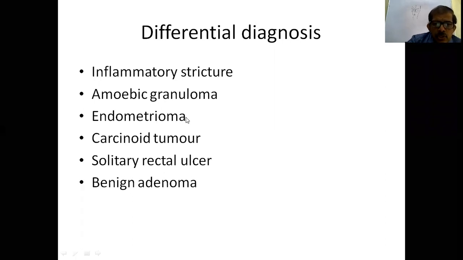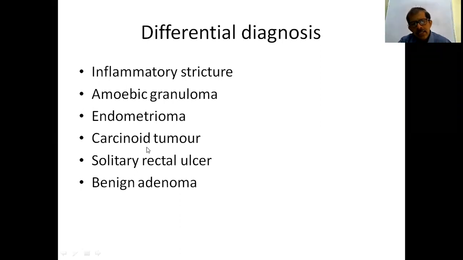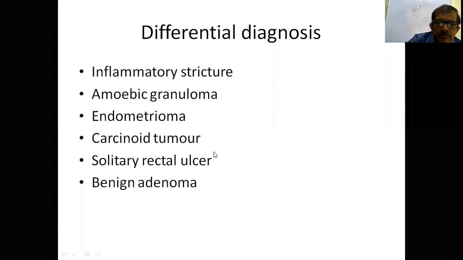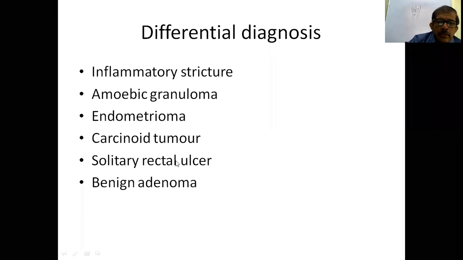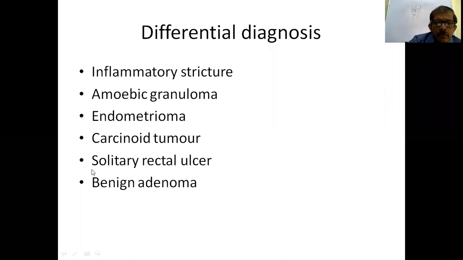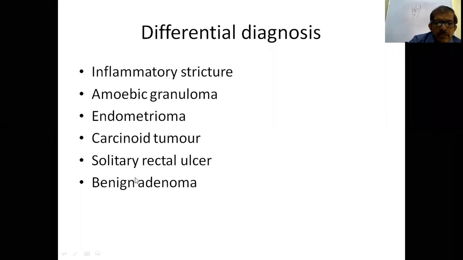Then endometrioma, already I discussed just today, carcinoid. Solitary rectal ulcer is a benign ulcer commonly seen in females on the posterior aspect, and this has also got some psychological barriers. Then benign adenoma, you cannot just leave it thinking that it is a benign adenoma. You have to prove that it is not malignant. So these are mainly after excluding carcinoma of the rectum.